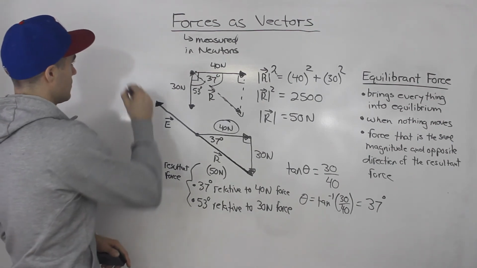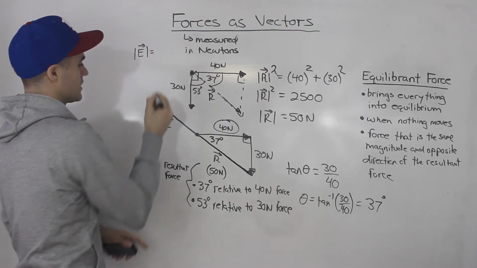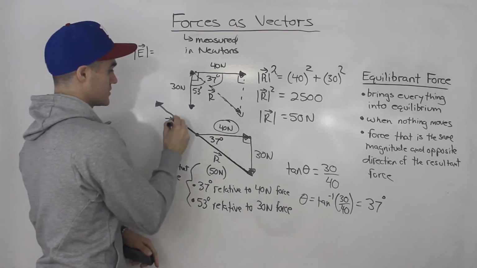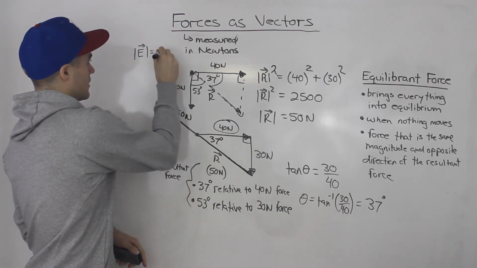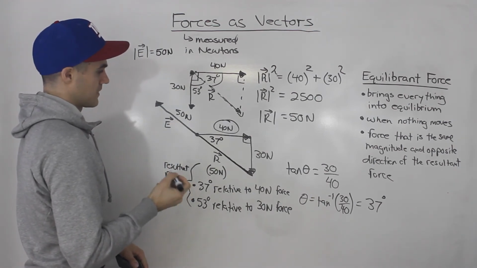So let's call this force here E for the equilibrium force. So the magnitude of the equilibrium force is going to be what? Same magnitude as the resultant force. It's going to be 50 newtons. But what is the direction going to be?